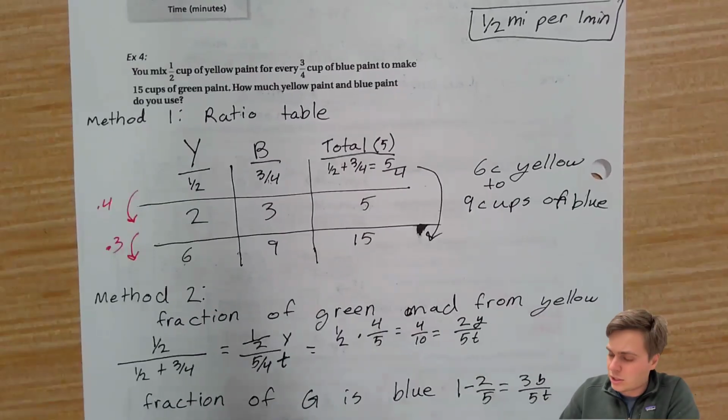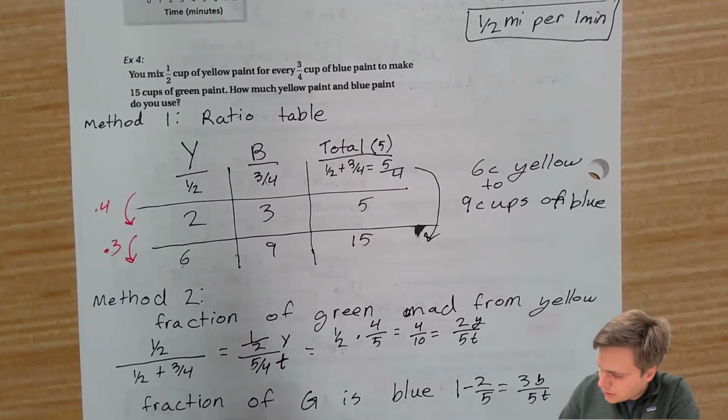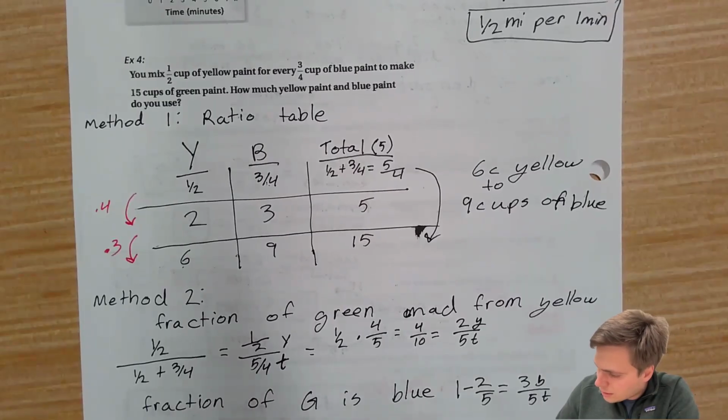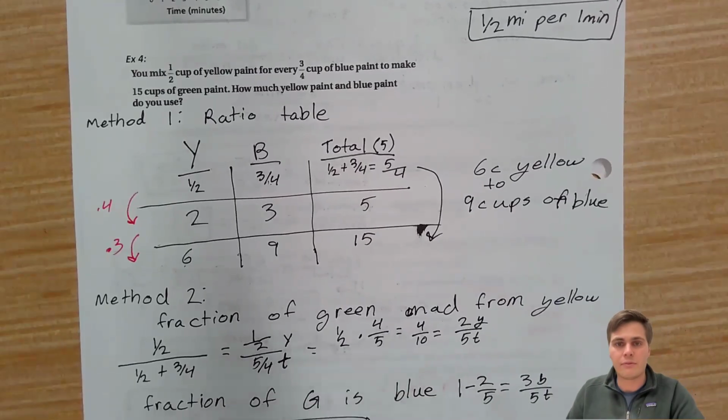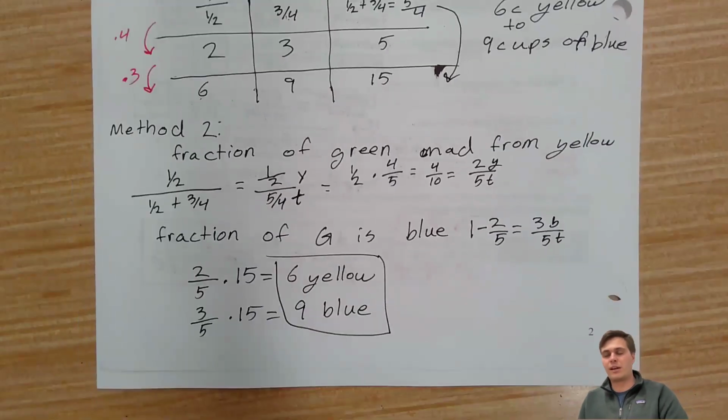And now I can just use that. So I can say 2/5 times 15 gives me 6 yellow, and 3/5 times 15 gives me 9 blue. And there I have my final answers here.